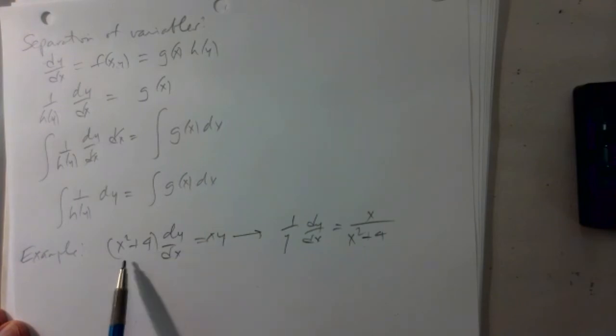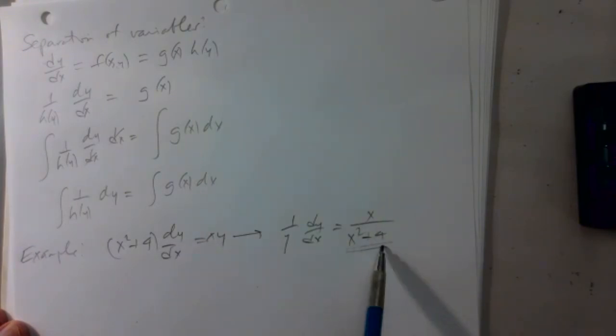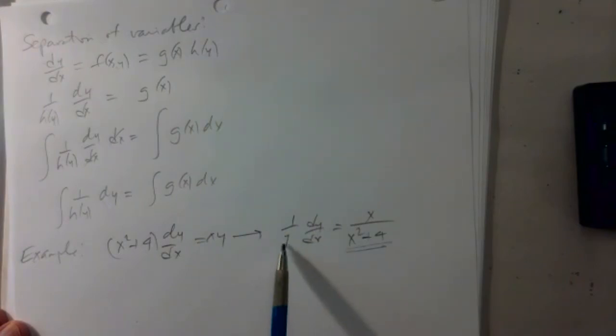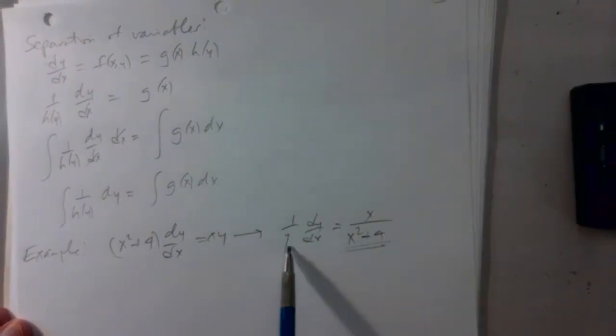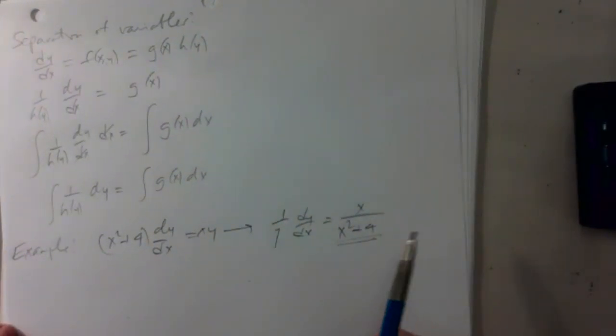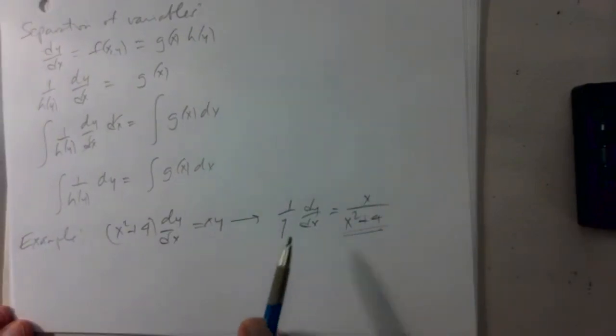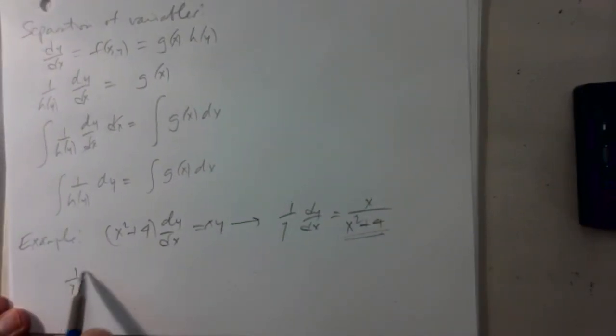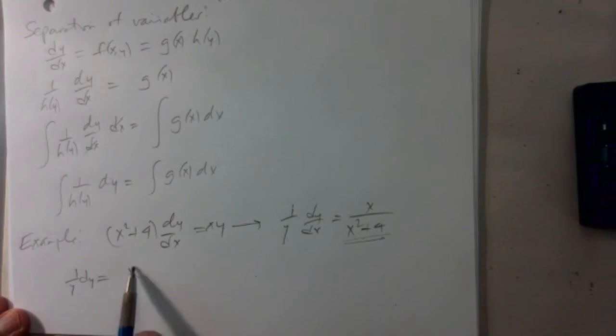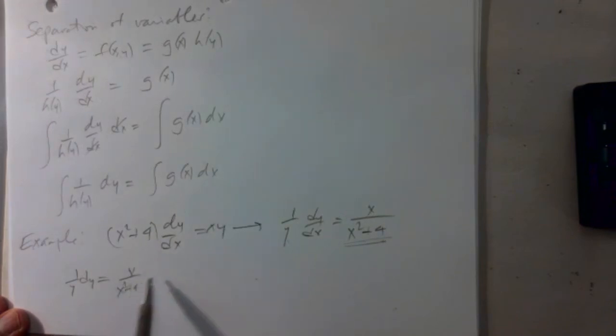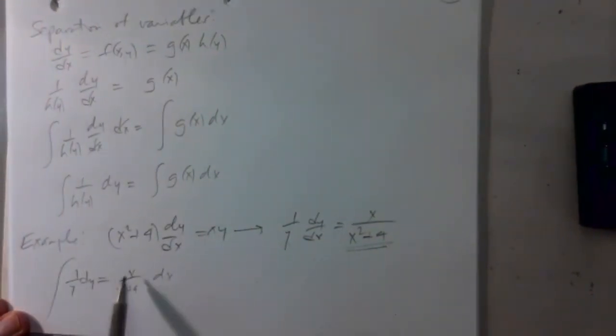I divided by y times (x squared plus 4). Now on this side I have no y's, and on this side I just have x's. If you like, you can think of this as multiplying by dx. You get 1 over y dy is x over (x squared plus 4) dx. And then you integrate.